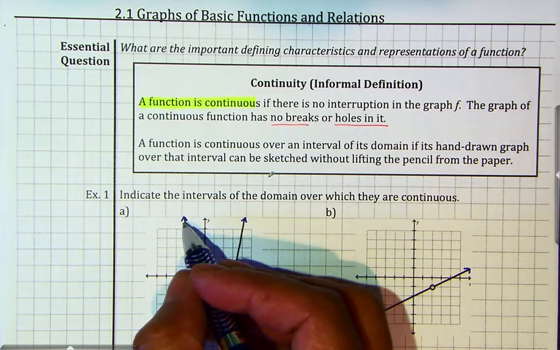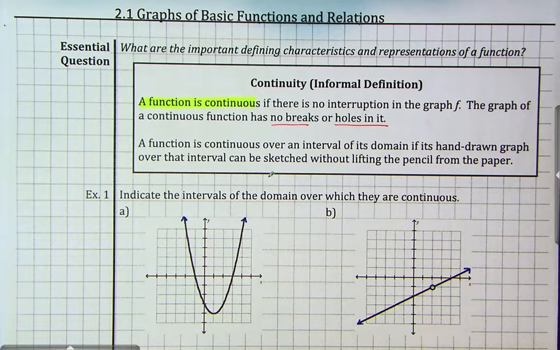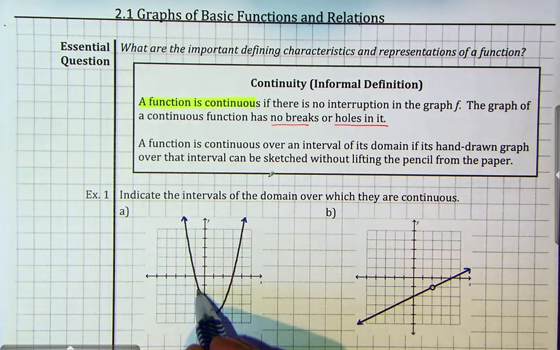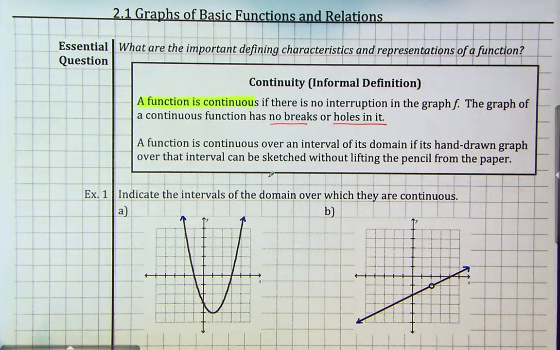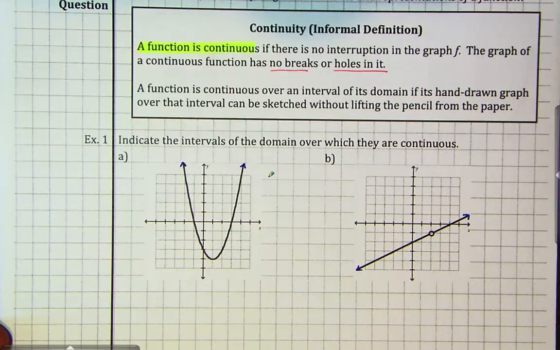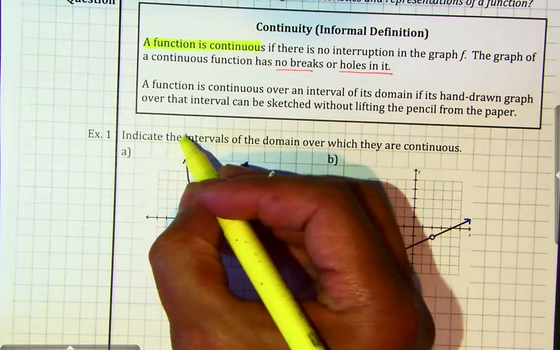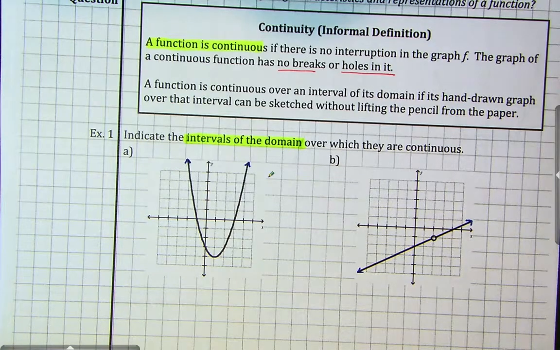On graph A, we have a parabola, and we can draw it all the way through without lifting the pencil. There are no gaps, no holes, no breaks, so this is a continuous function. Remember that the interval we write in this section is the interval of the domain.